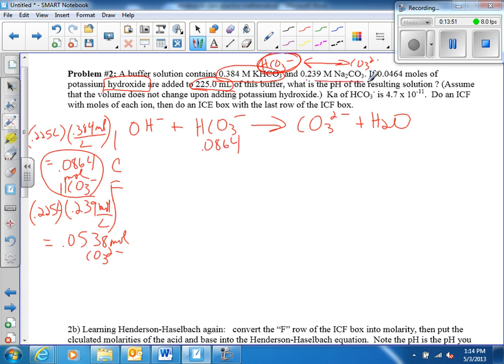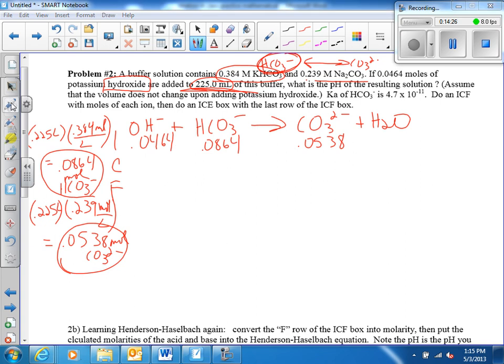And I use my molarity and my volume to get my moles of carbonate, 0.0538. And I'm told, oh, I don't have to calculate anything for the hydroxide, yay! I have 0.0464 moles of potassium hydroxide, or hydroxide. I don't care about the potassium, it's a neutral ion. We learned all about identifying our neutral ions in the last chapter so that we could figure out what we cared about in these acid-base reactions.